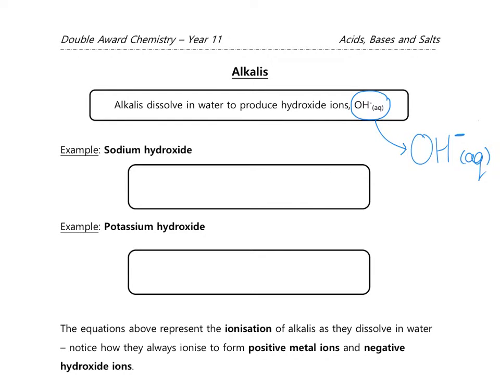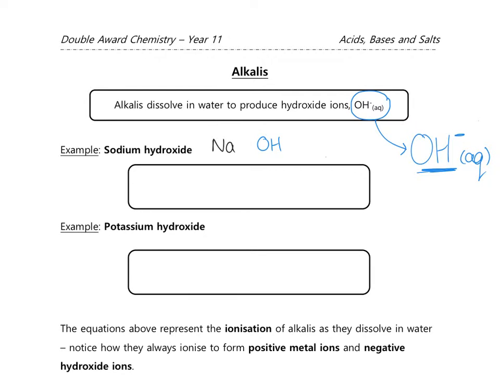So if I have a look at sodium hydroxide first of all, we could get the formula of sodium hydroxide by doing swap and drop. So if you change your symbols into formula first of all, we'll do Na for sodium, and hydroxide, you can see from my formula here, is OH.